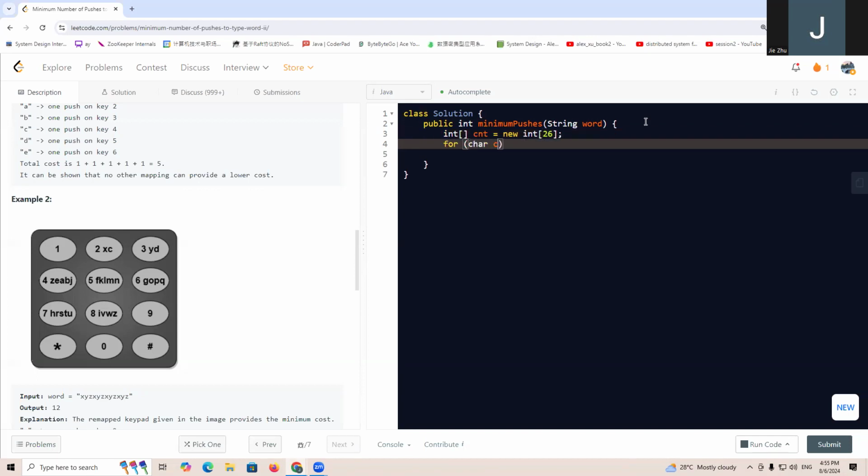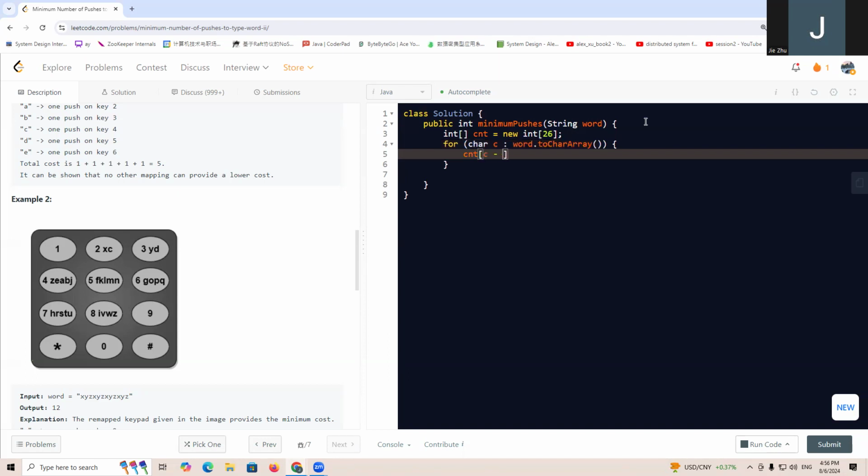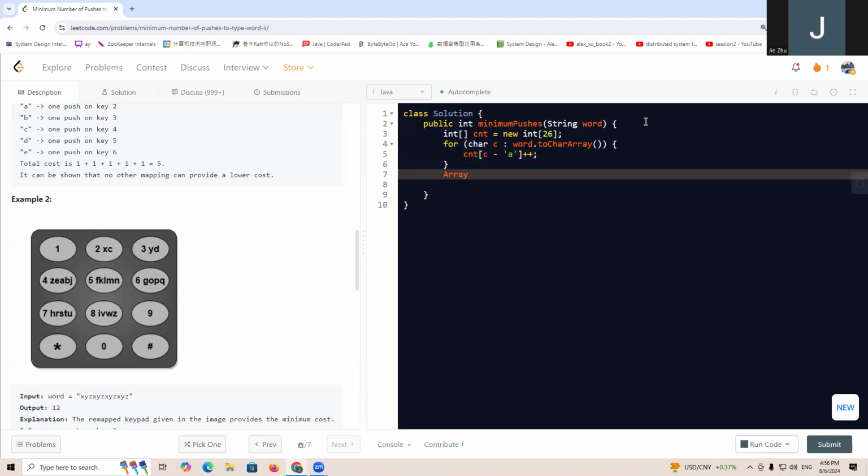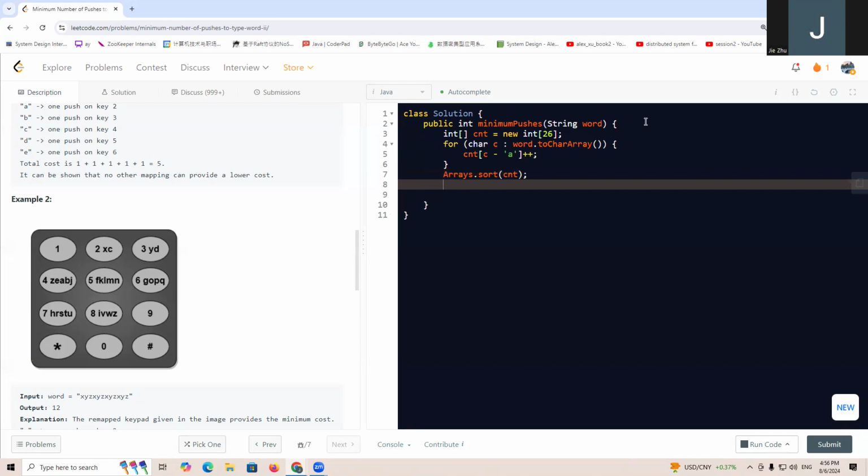Then for each character c in word, we do count[c - 'a'] plus plus. Then we sort this array, and iterate from the most frequent character: for int i equals 25, i greater than or equal to 0, i minus minus. Also count[i] should be greater than 0, otherwise we break.